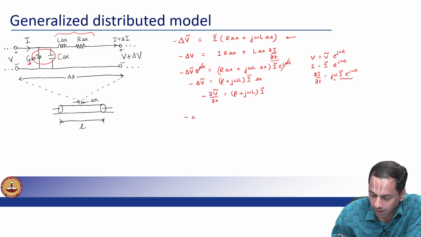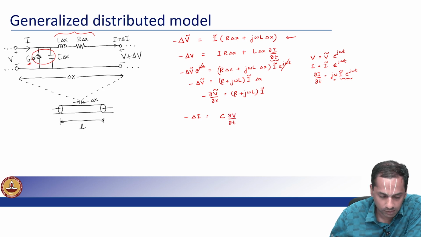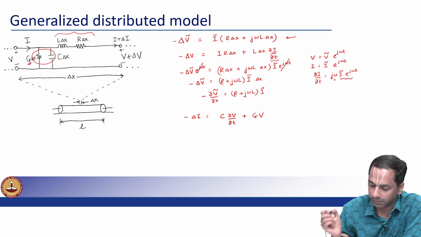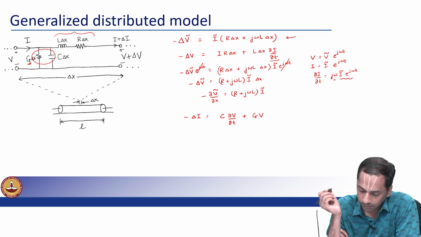So we have minus of delta I is equal to C delta x dou V by dou t, right, plus G times V, right.